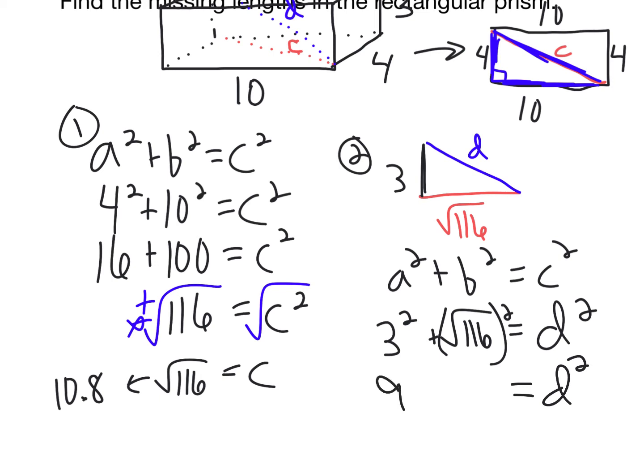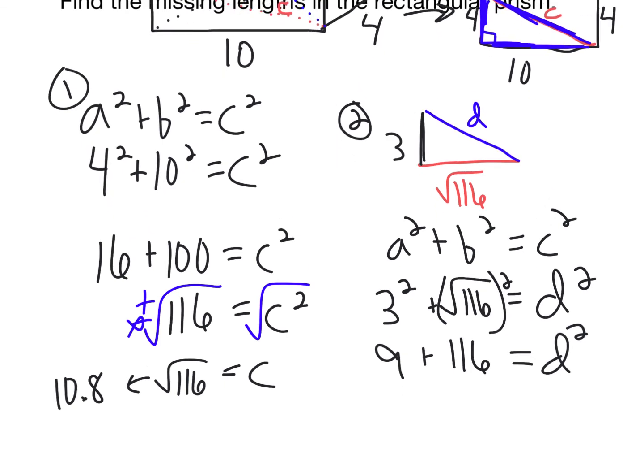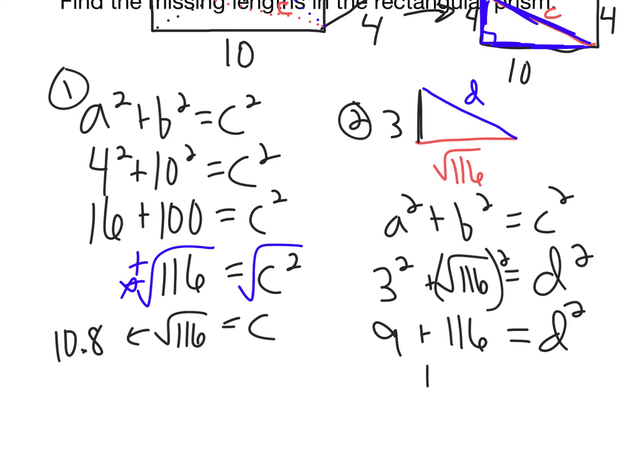So 3 squared is 9. Square root of 116 squared is 116. Those just cancel each other out. And I just made these problems up, so we'll see how this comes out. But so we add those together is 125. And then let's say we're just going to the nearest tenth here.